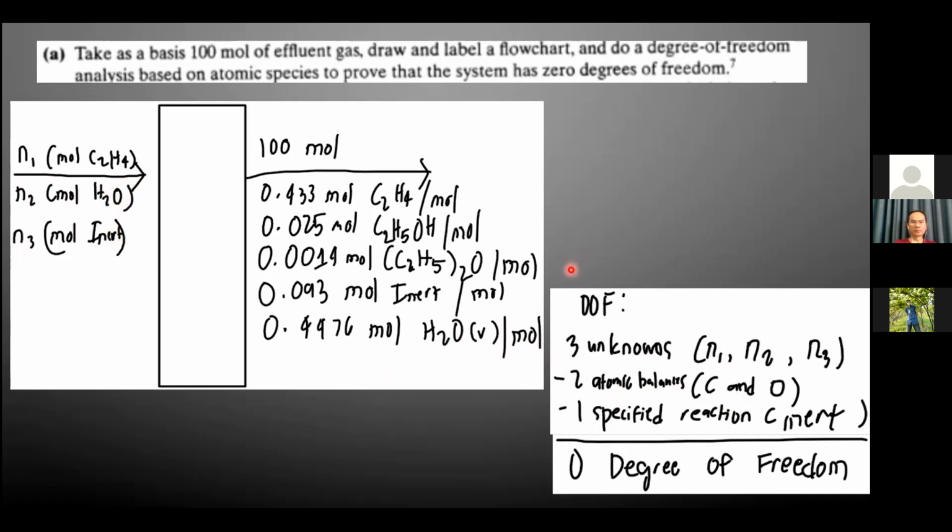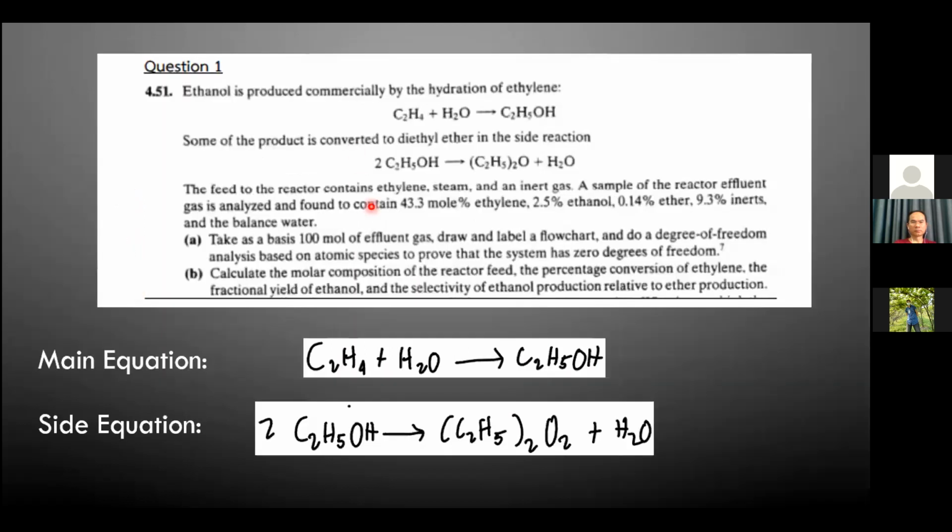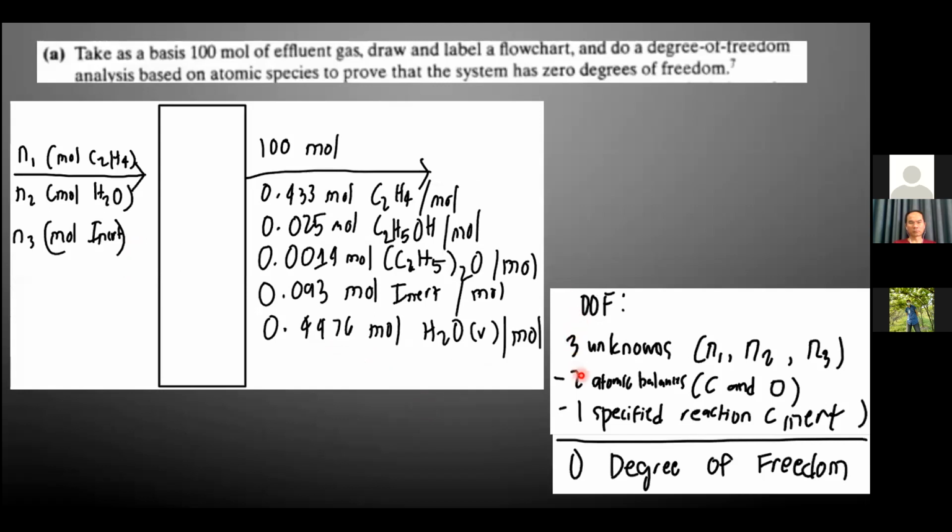But the only independent ones are carbon and oxygen, because if we look back at our main equation, carbon and oxygen are independent, while the hydrogen is yielded in two compounds, which are C2H4 and water. So the only two independent atomic balances are carbon and oxygen.